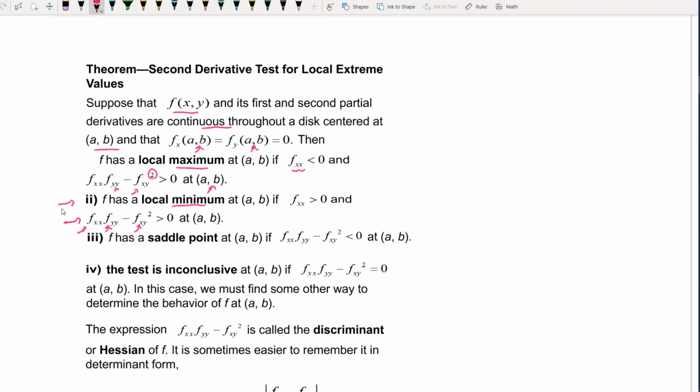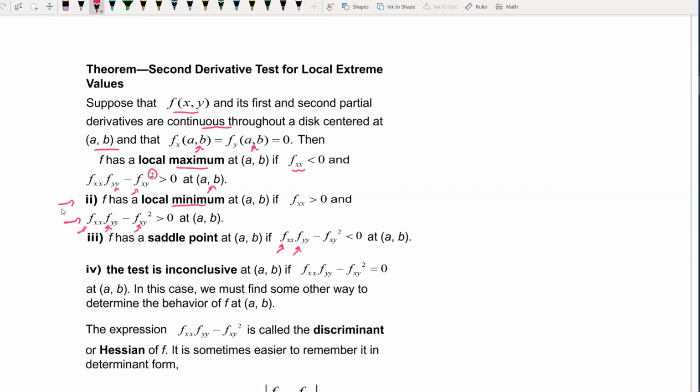f has a saddle point at (a, b) if the second derivative with respect to x multiplied by the second derivative with respect to y, minus the partial derivative of f with respect to x and then with respect to y, squared. So here we first find the first derivative with respect to x, and again with respect to x, so the second derivative with respect to x.